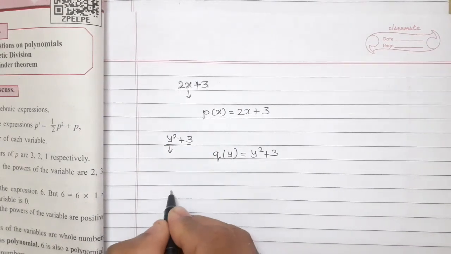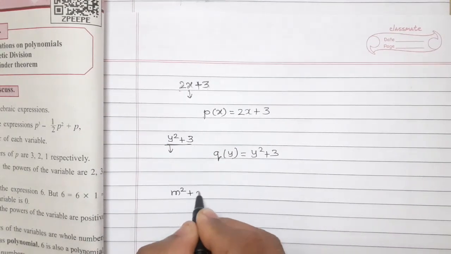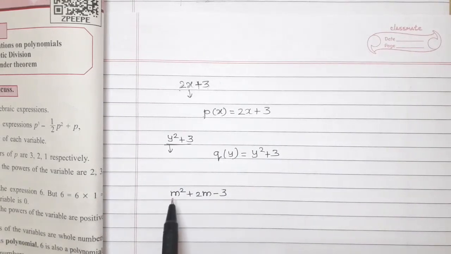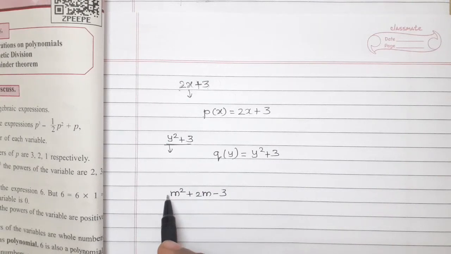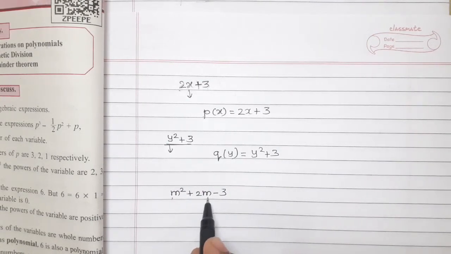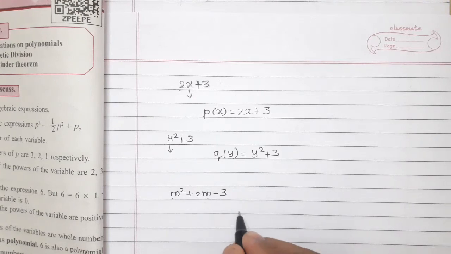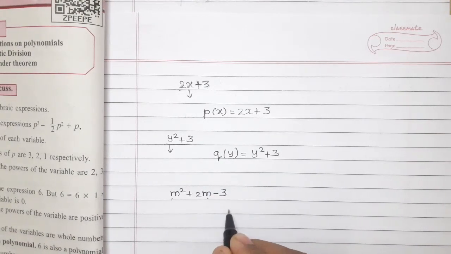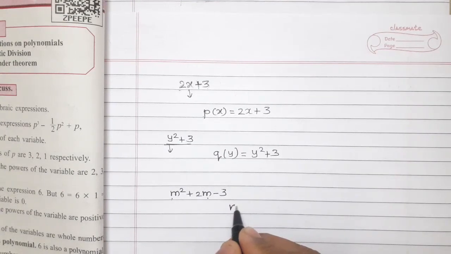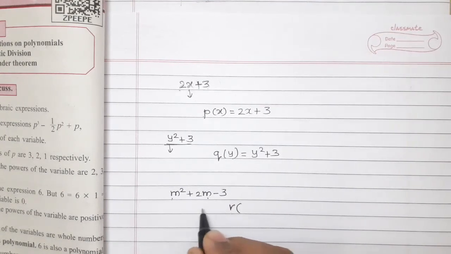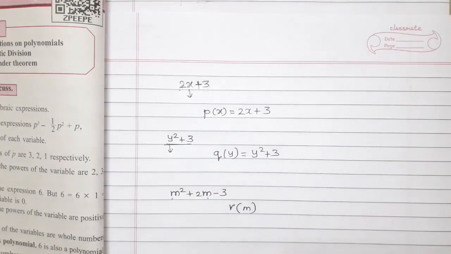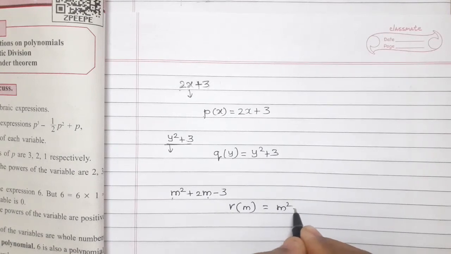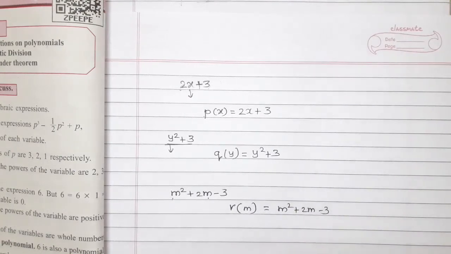Again take one more example, m square plus 2m minus 3. This is a polynomial having three terms, so it is a trinomial. In this polynomial m is the variable, so instead of p or q we can take any letter, here we are using r to denote the polynomial. r of m, write the variable, and now write the polynomial, that is m square plus 2m minus 3.